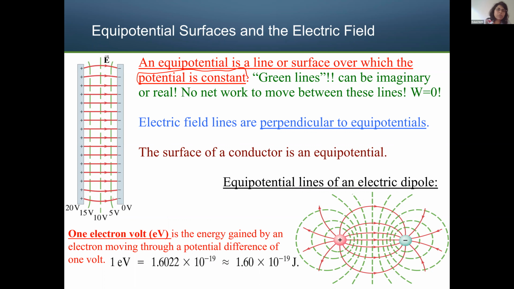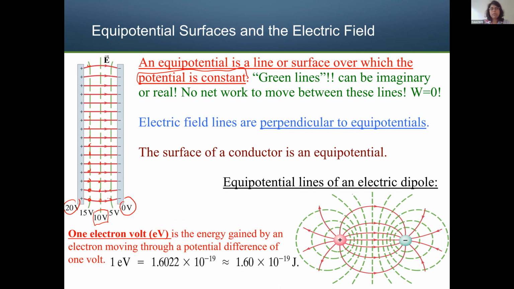If you create a positive terminal and a negative terminal in the laboratory, and I measure the voltage at these points, this line that I have here, all the way along this line, I will get 15 volts. We call it an equipotential line, because everywhere on that line has 15 volts. Now if you go to the center, if you measure this green line, you're going to see everywhere is 10 volts. If you go to this line, you're going to see everywhere is 5 volts. Those we call equipotential lines, the green lines in here.